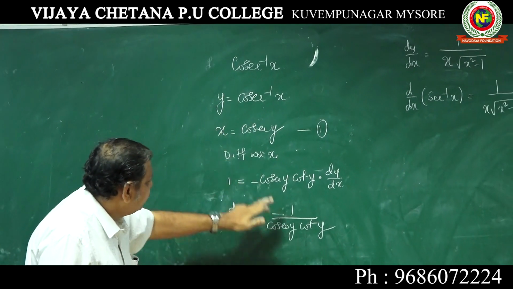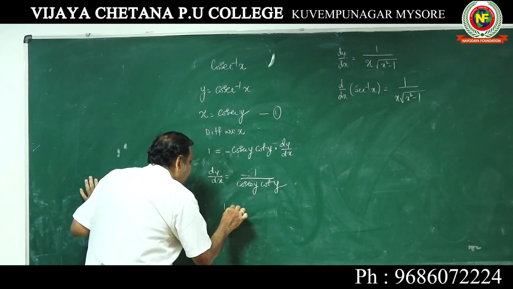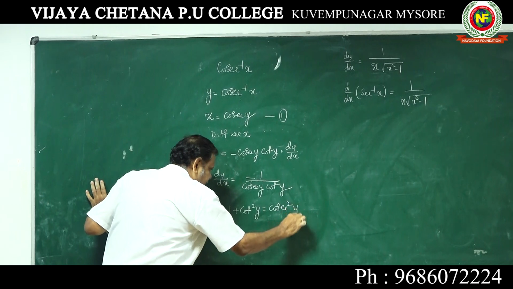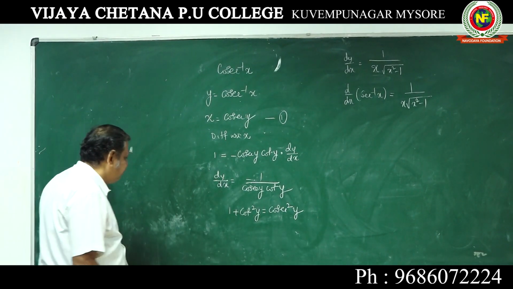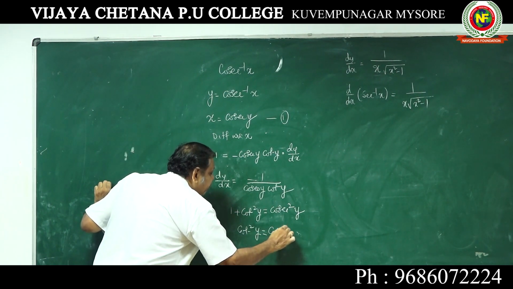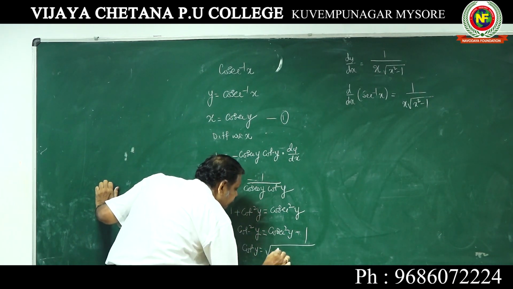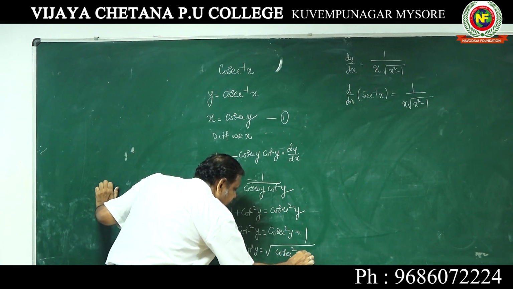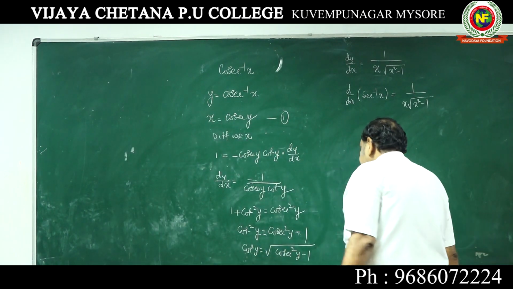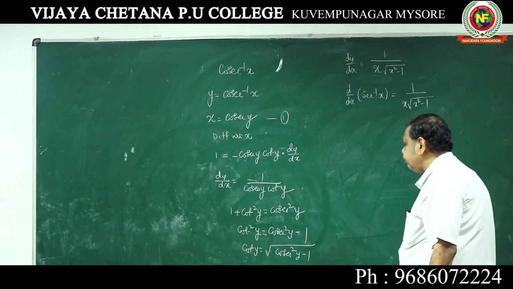See, cosecant y we can substitute x, but you have to get what is to be substituted for cot y. Use the formula 1 plus cot square y is equal to cosecant square y, or cot square y is equal to cosecant square y minus 1, and cot y is equal to square root of cosecant square y minus 1.